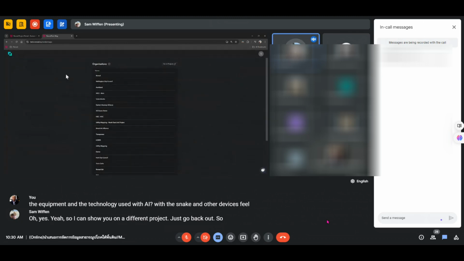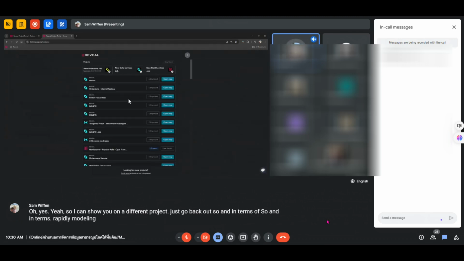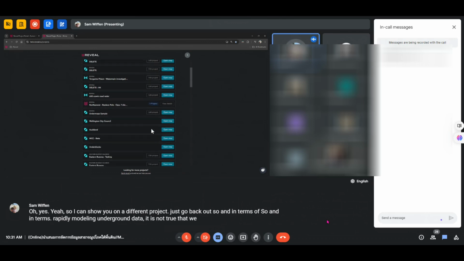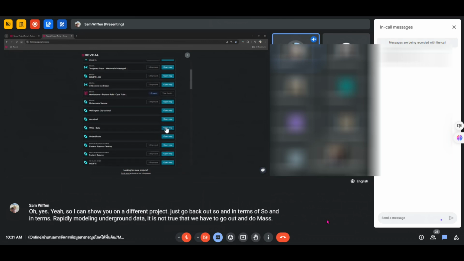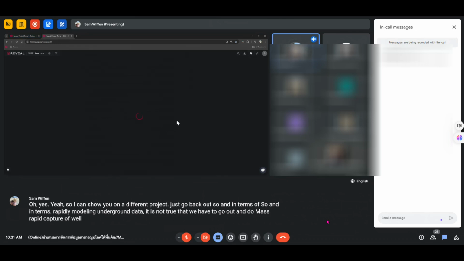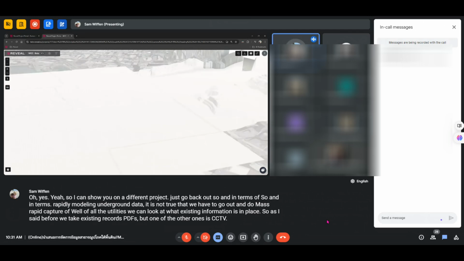So in terms of rapidly modeling underground data, it is not true that we have to go out and do mass rapid capture of all the utilities. We can look at what existing information is in place. As I said before, we take existing records, PDFs, but one of the other ones is CCTV inspection data.